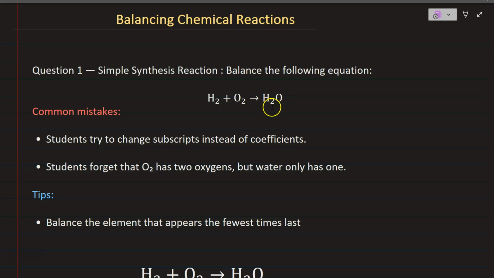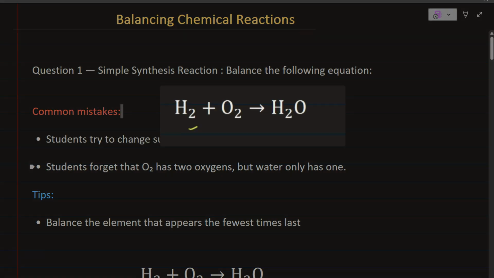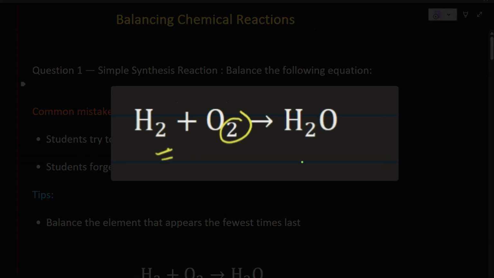Now, it's a common mistake here that a lot of students think that oxygen has got 2. There are 2 oxygen there, but no, that's not true. The next thing is that you need to make sure you realize that there is a subscript. These numbers right here, and right there, and right there, these are called the subscripts, and the subscripts never ever will change.